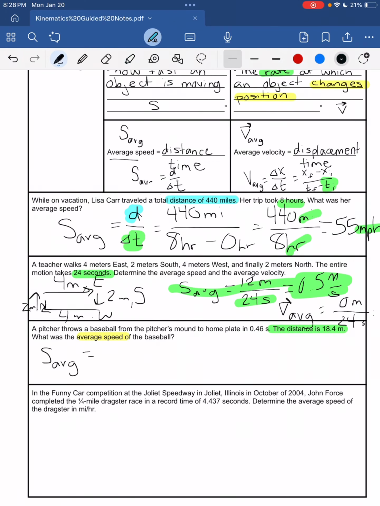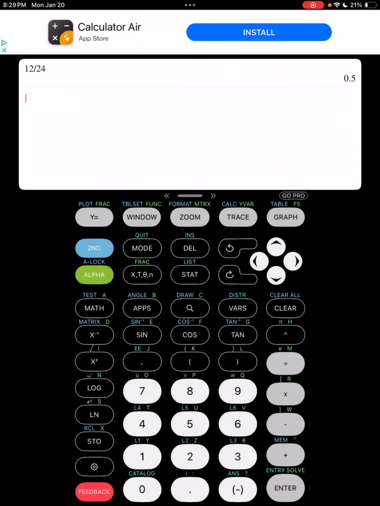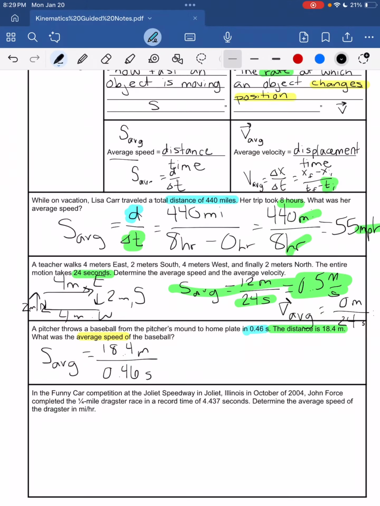So 18.4 meters over, let's find time here, 0.46 seconds. So we end up with 18.4 over 0.46. That gives us 40. So his average speed is 40 meters per second.